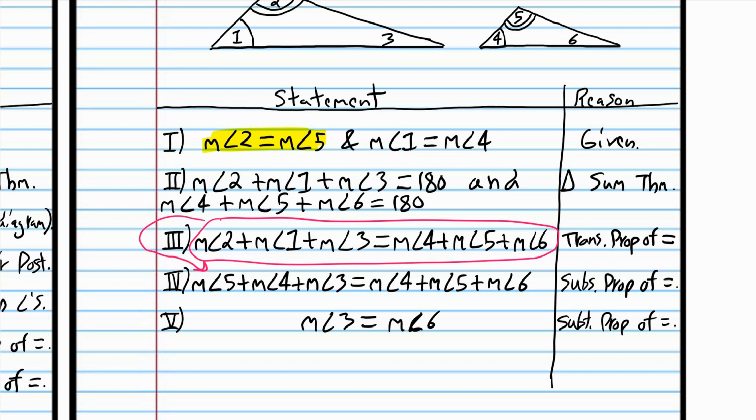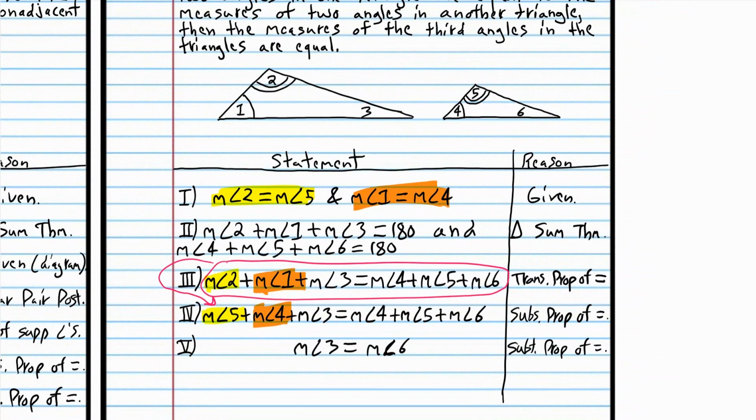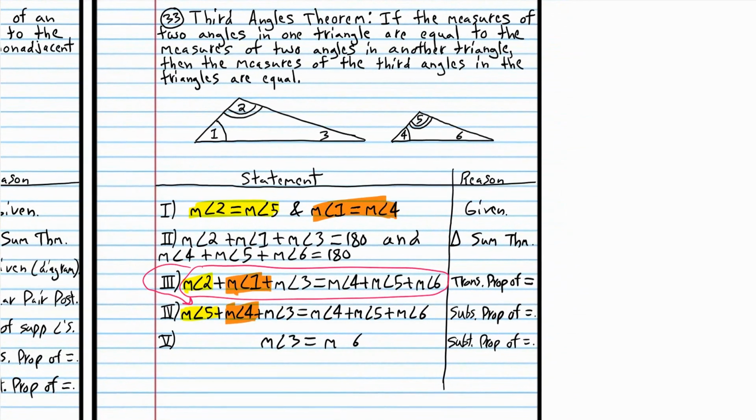So we plugged in 5 here, and we plugged in 4 here, and then we subtracted, and we proved that the measure of angle 3 must be equal to the measure of angle 6 given that information, and that is the third angles theorem.